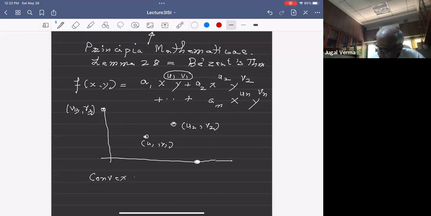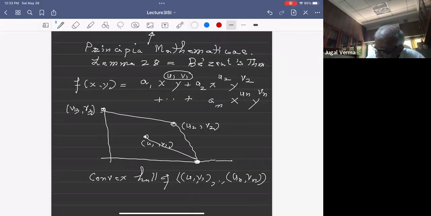So take the convex hull of these points (u1, v1) to (un, vn), plotted in R2. Yeah. So this is the smallest convex set. A convex set is a set such that whenever I take two points, the line segment joining them is in the set itself. Okay. So that is the convex hull.